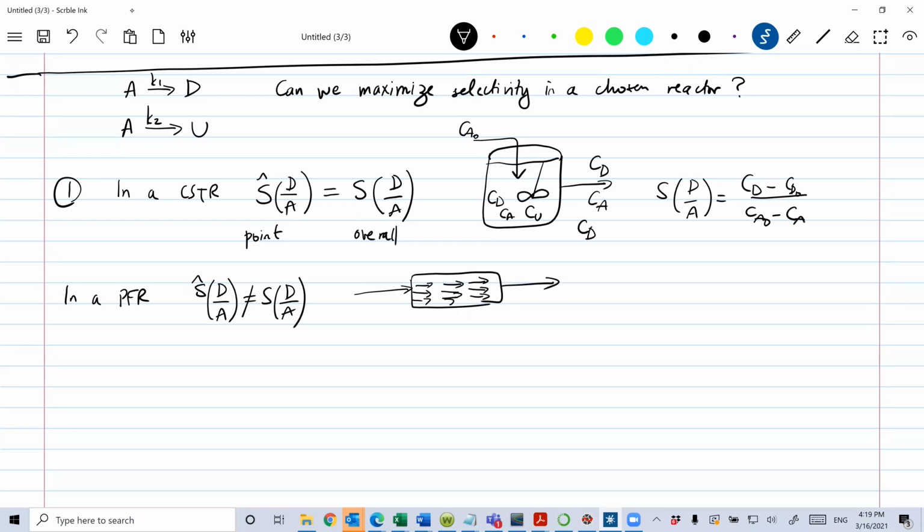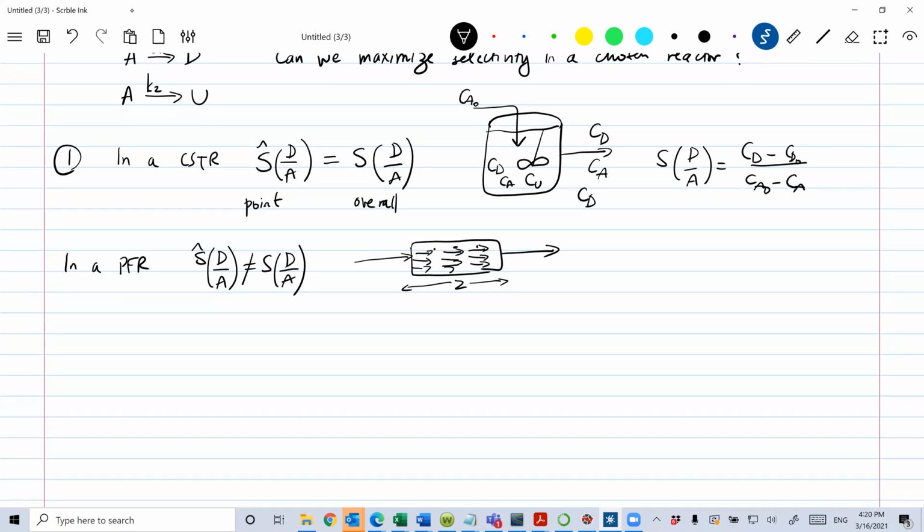So that means the instantaneous selectivity at any point along this reactor length, can call it Z, is changing. But what is the actual selectivity? And it's going to be a familiar refrain, and you will see what that refrain is. It'll be a familiar one.